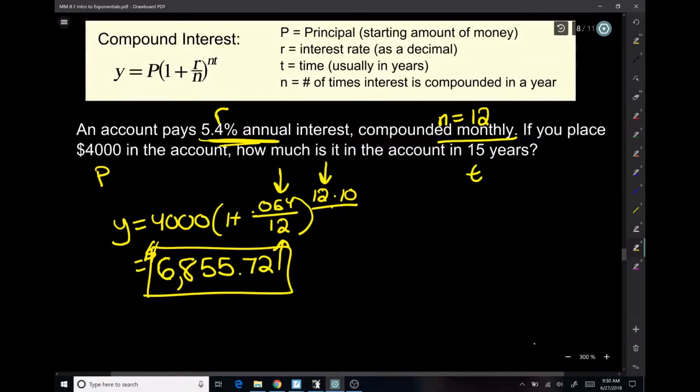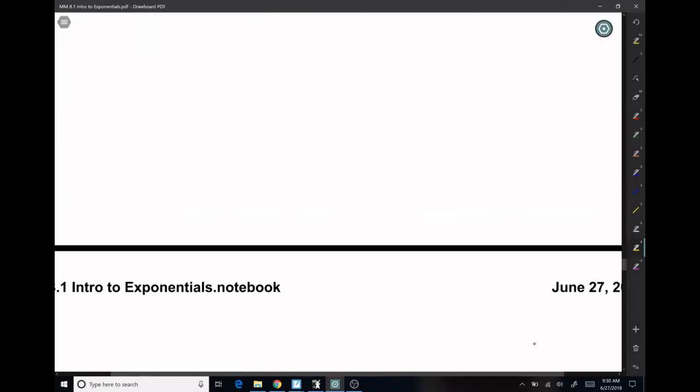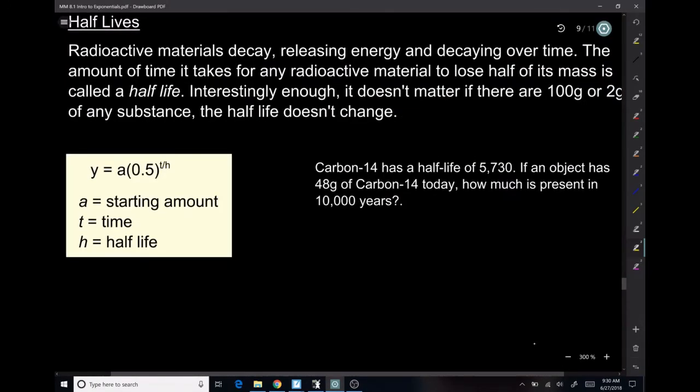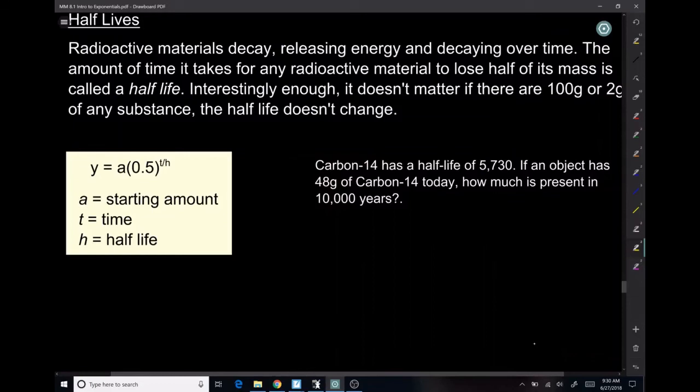So we made about $2,800 in 10 years, which isn't a ton of money, but we also didn't do any work, which is pretty sweet.